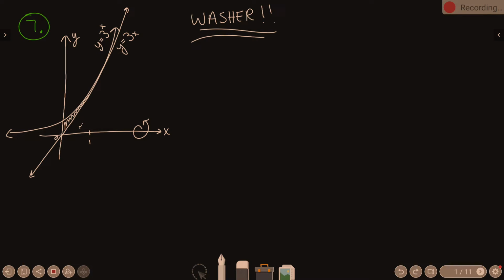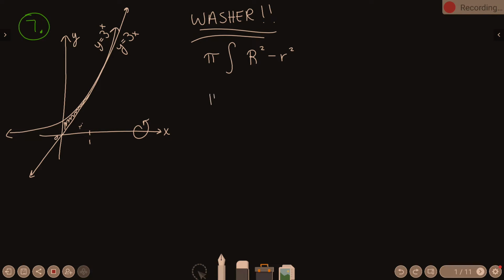When we do washer method, disk method is pi times radius squared, so pi times function squared, right? For washer method, we're doing pi times big R squared minus little r squared. That's the gist of it, right?